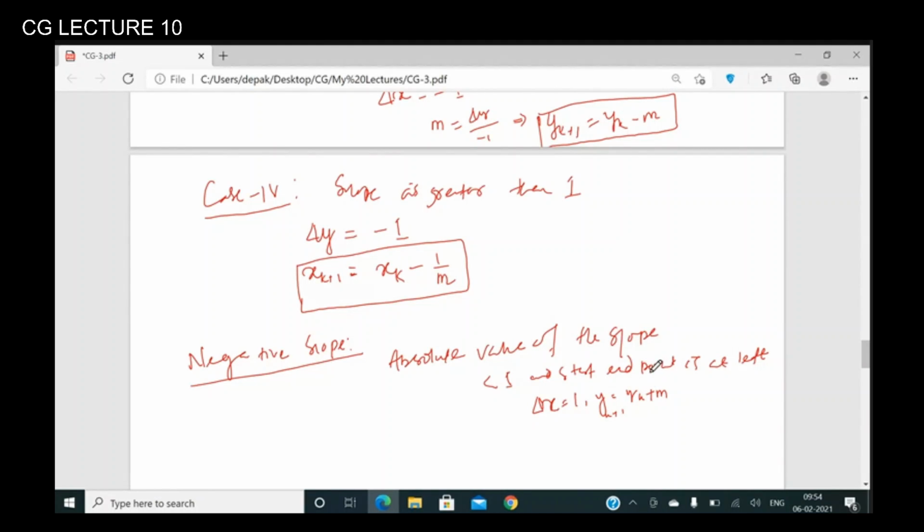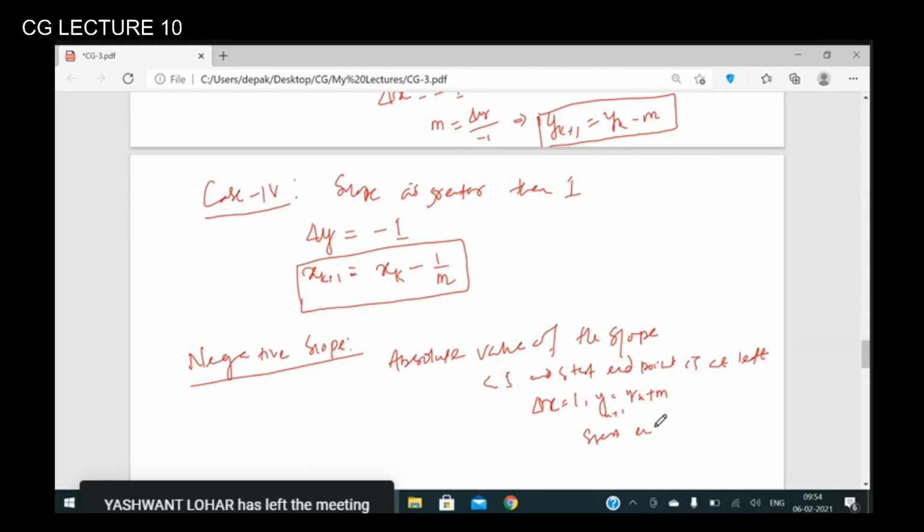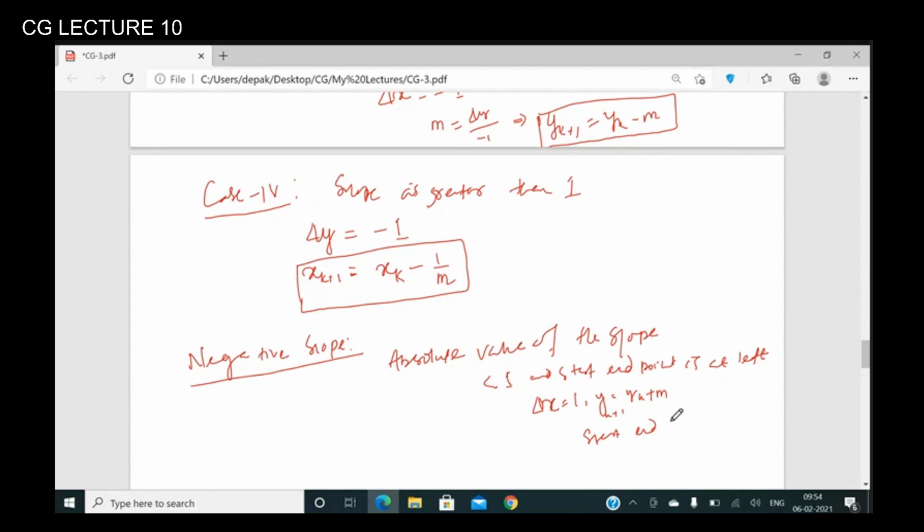Similarly, if the slope is less than 1 and the start end point is at right, then again del x is equal to minus 1 and y of k plus 1 will be equal to y of k minus m.